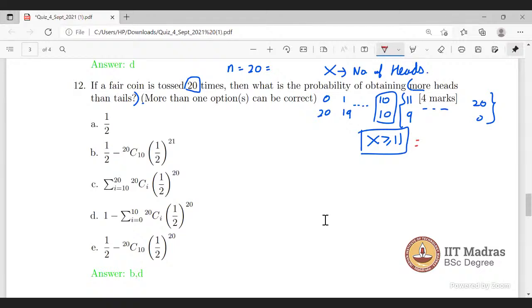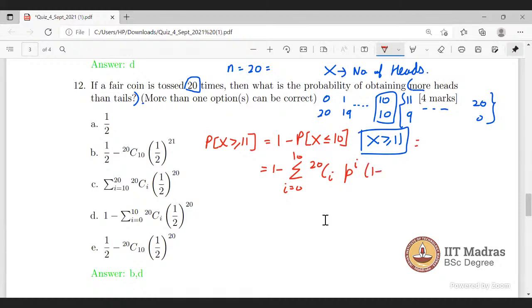Yes, sir. So the probability that x takes a value greater than or equal to 11, I can write as 1 minus the probability x less than or equal to 10. So it is nothing but the sum, i goes from 0 to 10, 20 C i, p raised to the power i, 1 minus p raised to the power 20 minus i, right? I will add all from 0 up to 10.